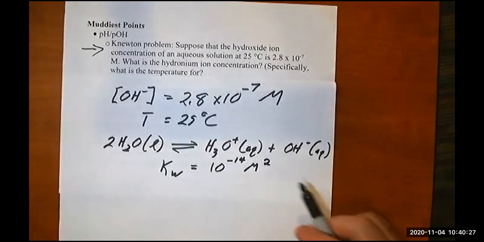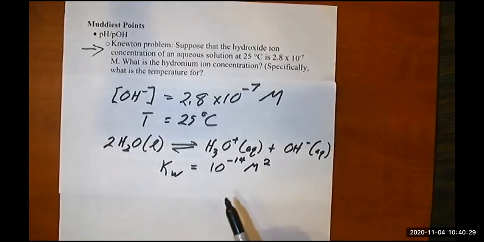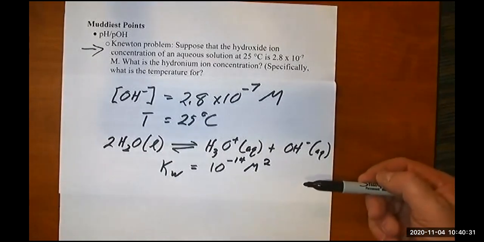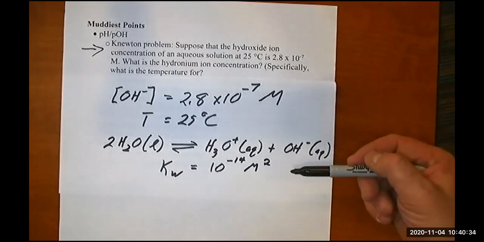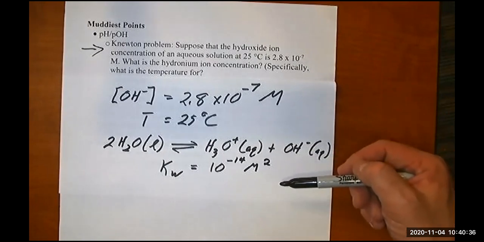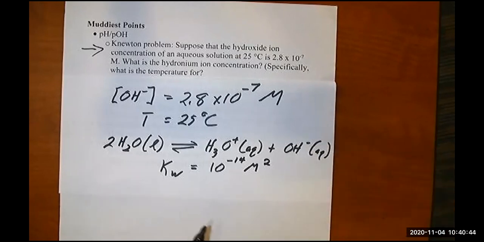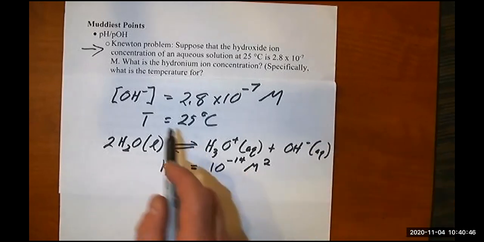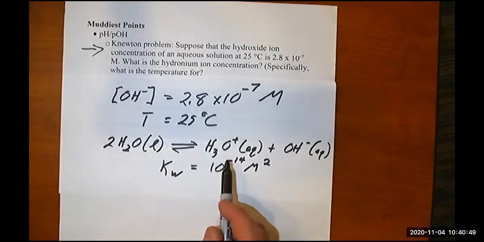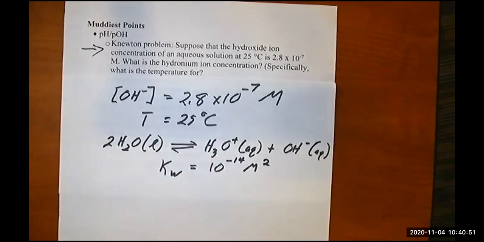This is the fact that determines a lot of things that we do with acids and bases. This is how we know that neutral water has a pH of 7 and a pOH of 7. This is the fact that we use to calculate the hydronium ion concentration in this particular calculation.